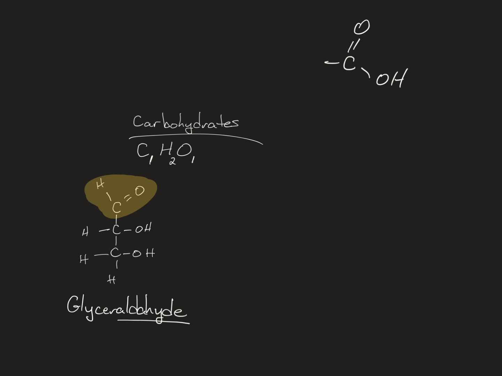Another type of aldehyde sugar, or sugar that has an aldehyde in it, is a carbon of 1, 2, 3, 4, 5. You know this sugar. You should know it. What sugar is this? The one sugar that you've been introduced to. Say again?